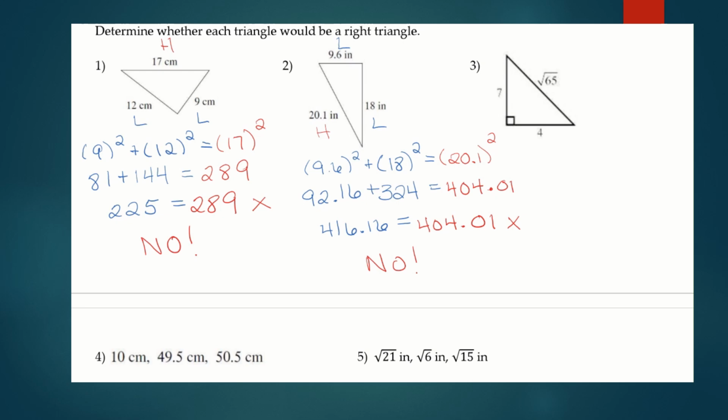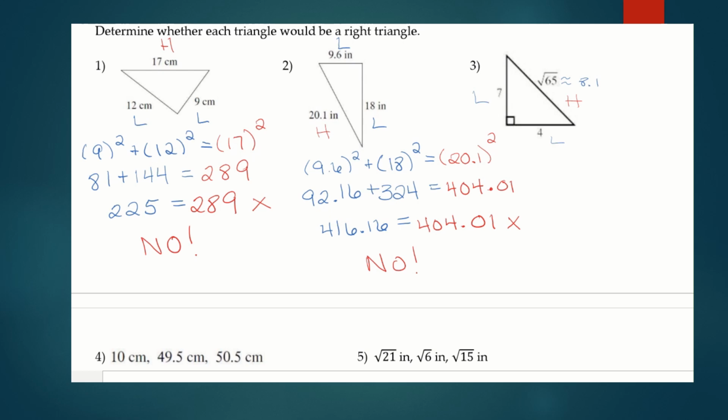So if I do second x squared on my calculator to get the square root, I'm going to take the square root of 65 and I get approximately 8.1. So yes, this is the longest side for sure. So this is my hypotenuse. And these guys are my legs.